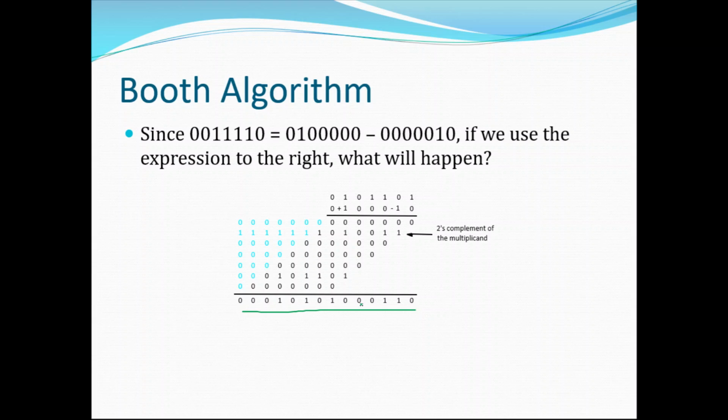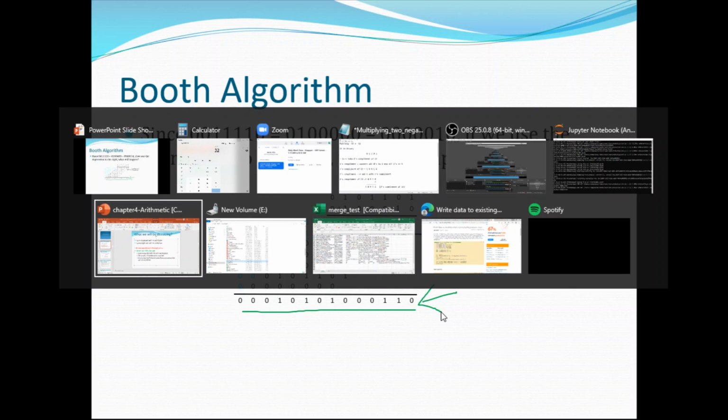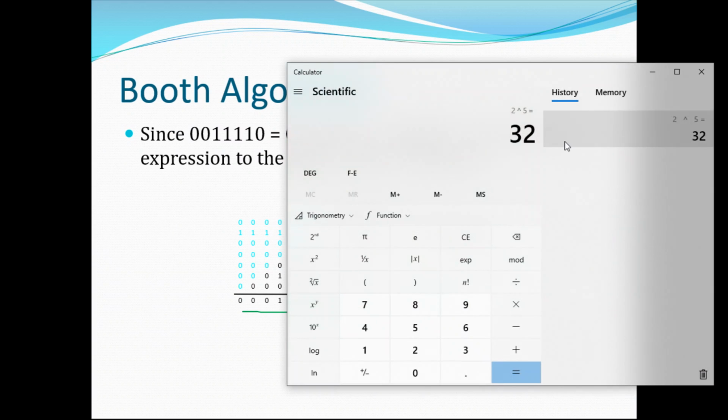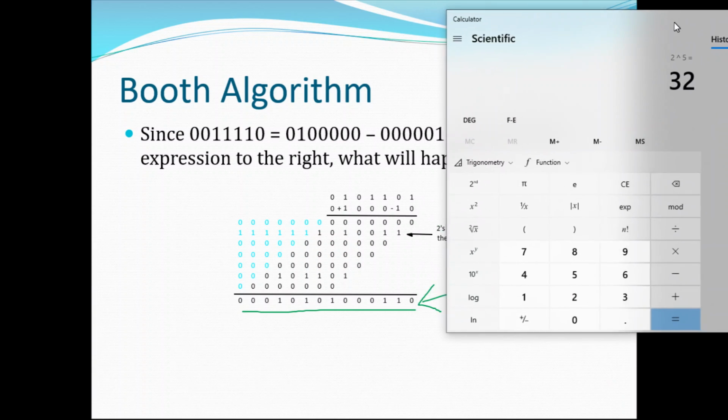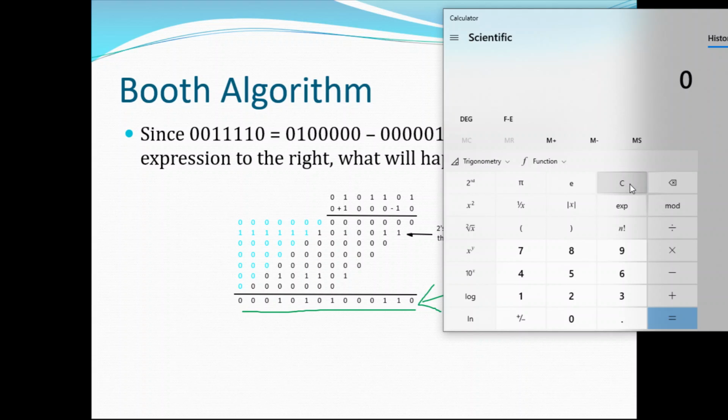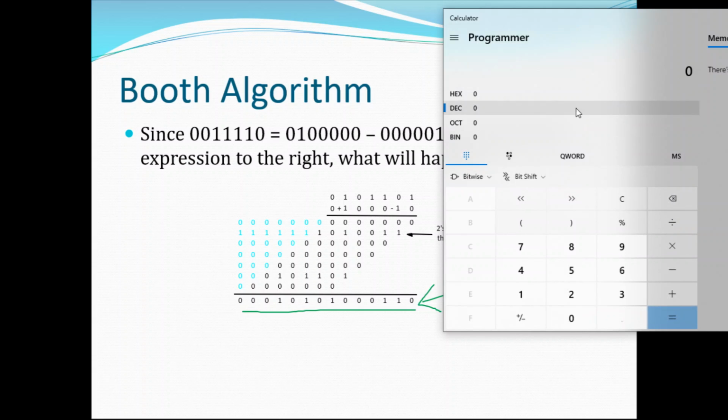So this is actually again the 2's complement of the actual result. What should be the result of multiplying these two? The numbers we are multiplying: the multiplicand is 101101.